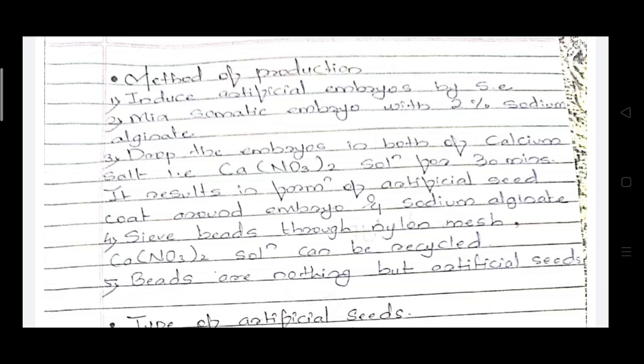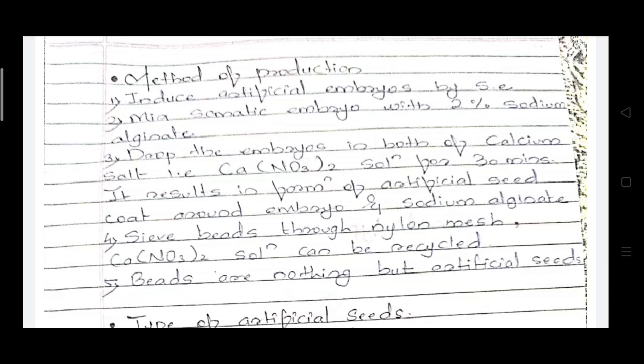So first of all, we take the artificial embryos from the somatic embryogenesis process. Once we get this embryo, it is dipped in the 2% sodium alginate solution.